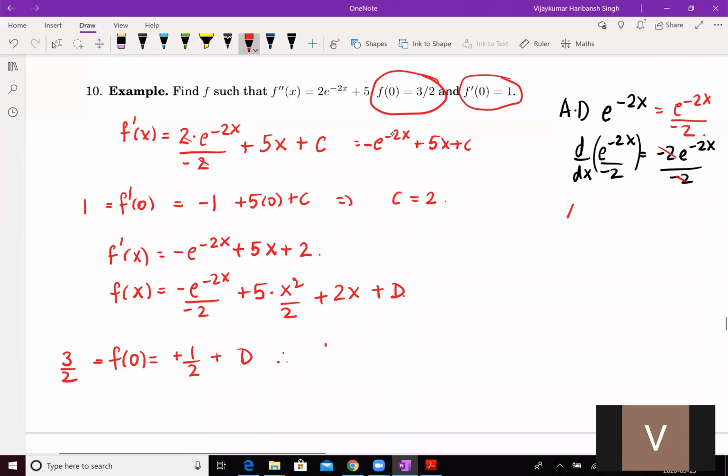So therefore, d equals 1. So therefore, what do I get? f of x equals e to the power minus 2x divided by 2 plus 5x squared by 2 plus 2x plus 1. So this is the antiderivative.